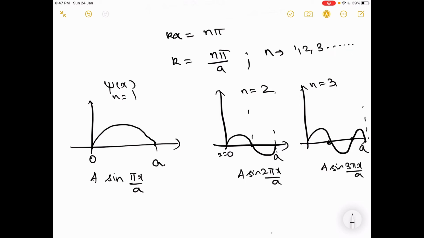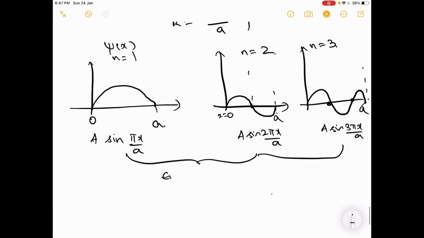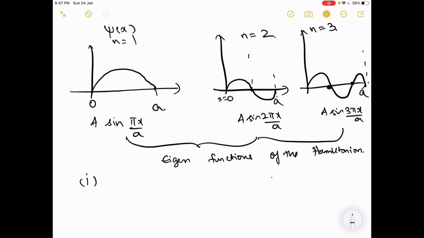So these 3 are just eigenfunctions of the Hamiltonian, and these are still not the actual wave functions of the particle, right? They are just solutions to the Schrodinger equation, and they are just the eigenfunctions. The particle is the Fourier summation of all these things, right? But the first property of this is that these psi-n's are orthonormal.